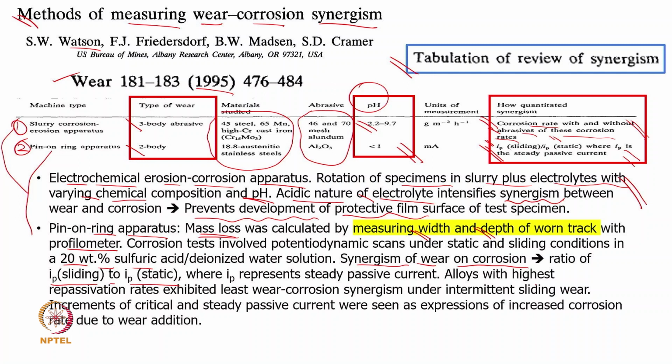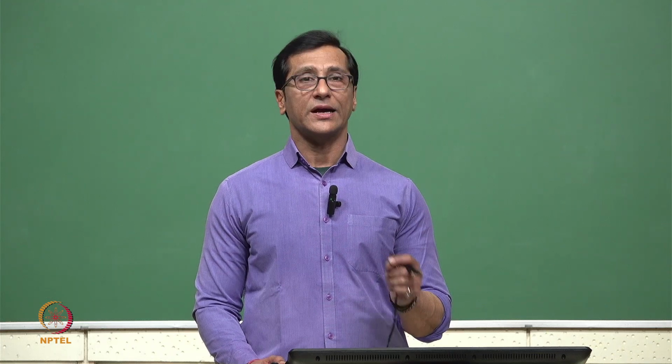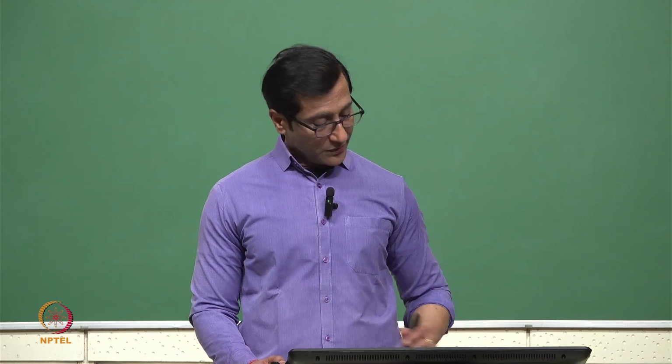So that's why they say the alloy with the highest repassivation rate, where the alloy forms a protective layer immediately, will show the least wear corrosion synergism. We require a material which can repassivate immediately. That kind of material will help us.